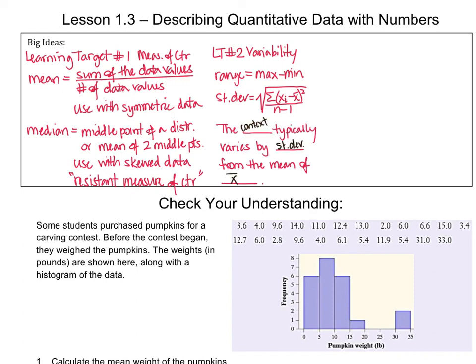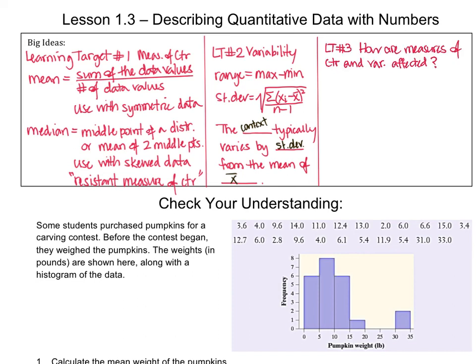Okay, I'm just going to separate these a little bit, and then we've got our last learning target to talk about, and that was how outliers and skewness affect the measures of center and the measures of variability. And we were able to see through working through different data sets or changing out our maximum value that the mean and the standard deviation are greatly affected by outliers.